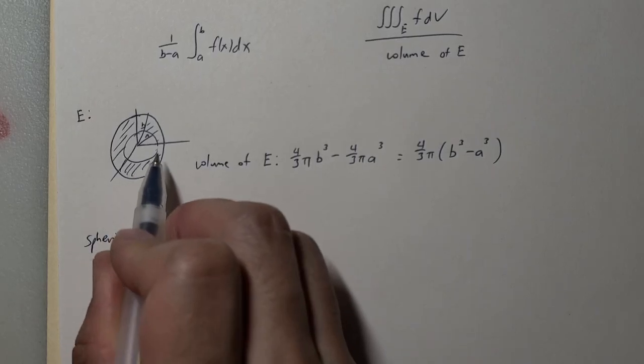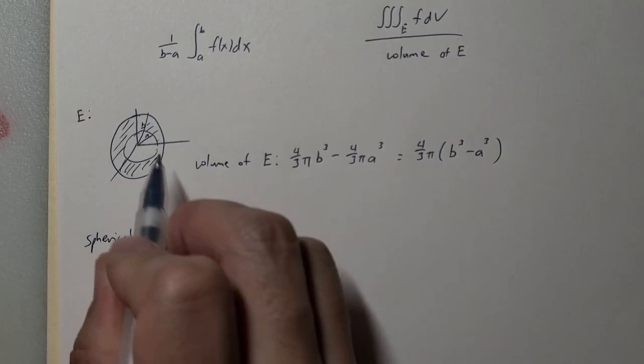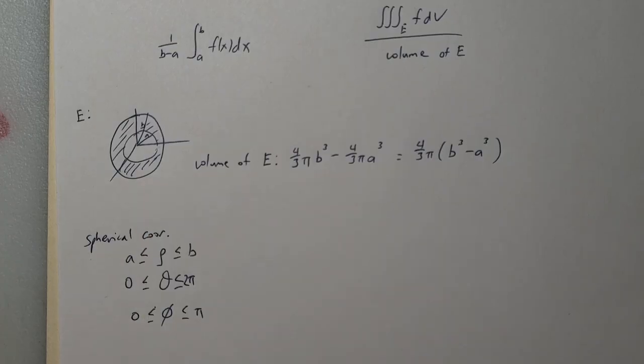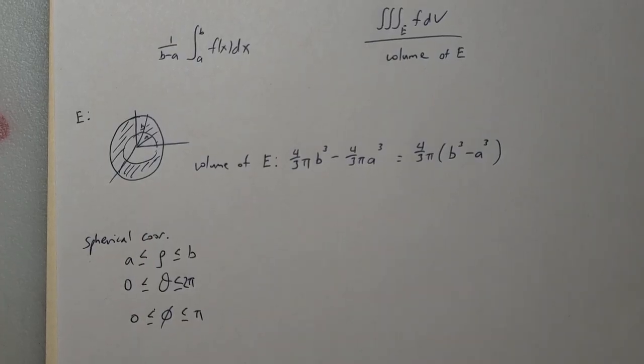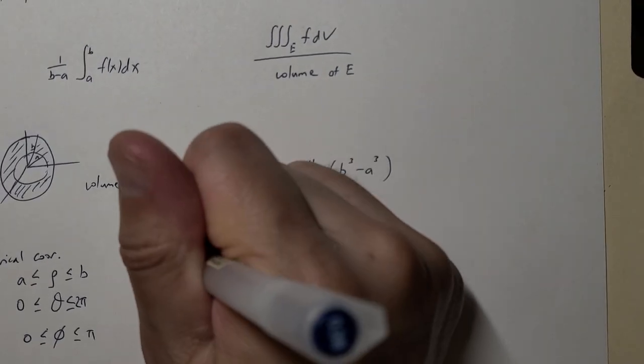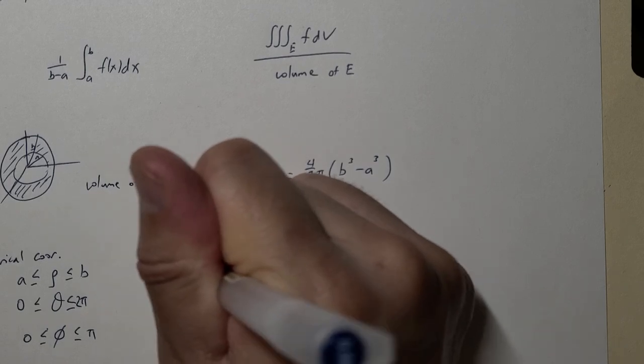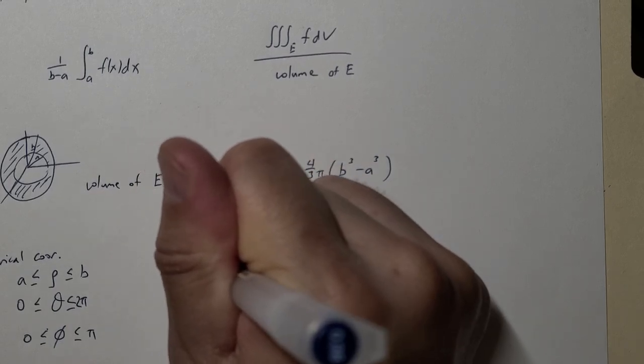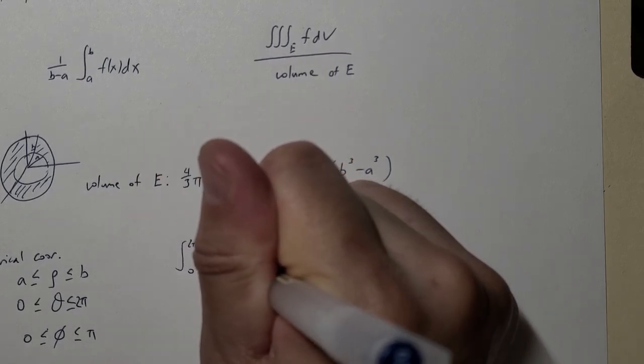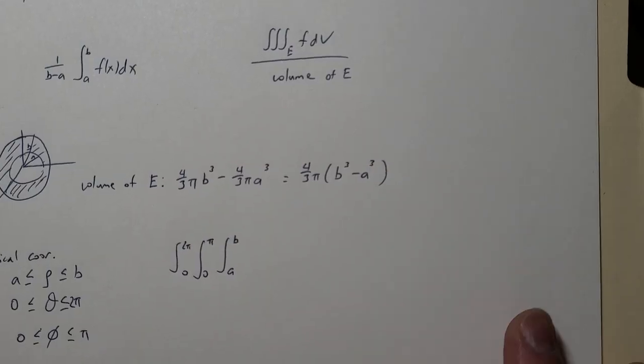Theta is the angle over here. It swings a whole 0 to 2 pi in the xy plane, right? So 0 to 2 pi. Okay, so we can set up our triple integral now. So integral from 0 to 2 pi, integral from 0 to pi, integral from A to B, okay?